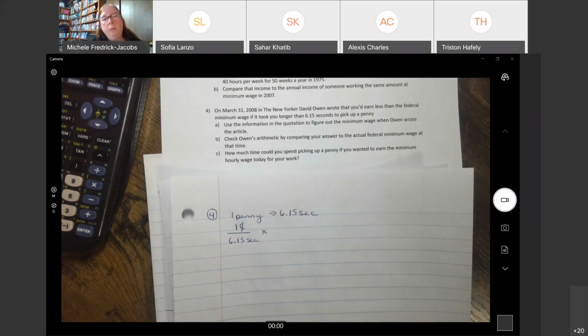We're finding minimum wage. Minimum wage is in hours. So instead of cents per second, we need per hour. What can we do to convert it to hours? Seconds to minutes and the minutes to hours. Yep.